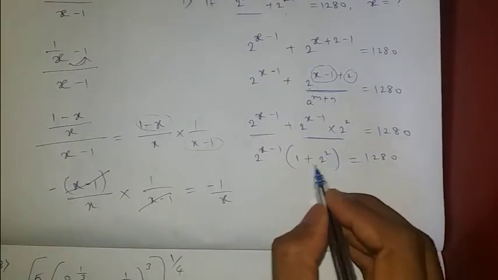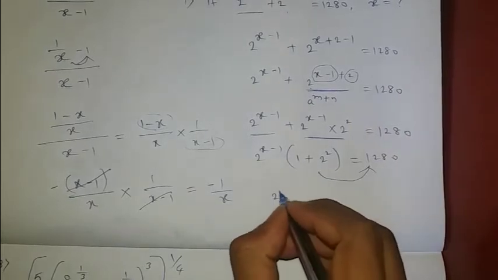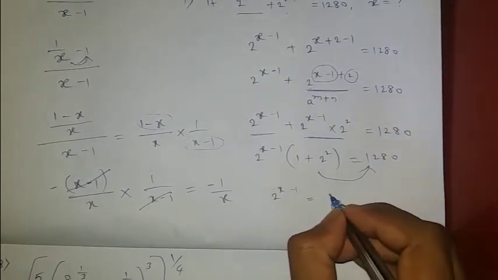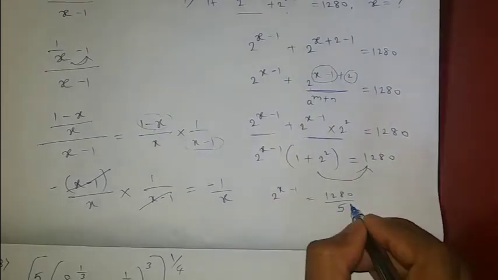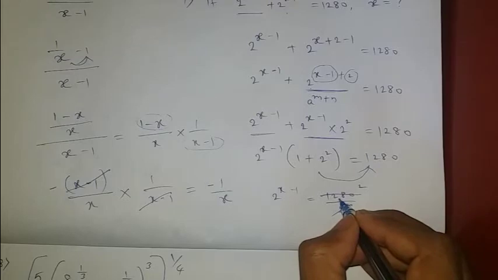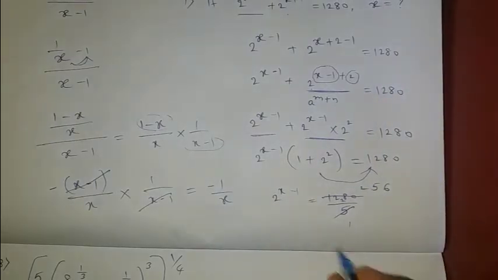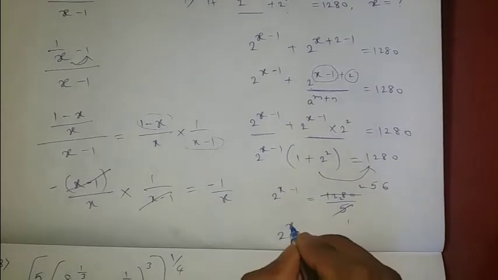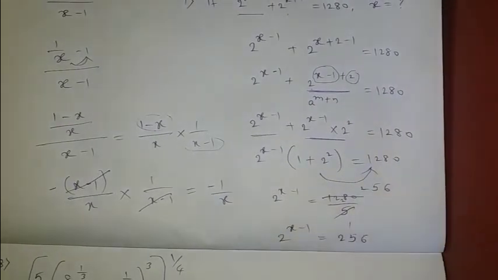2 square is 4, 4 plus 1 is 5. Now this 5 I will take to the right side, so we get 2 power (x minus 1) is equal to 1280 divided by 5. If you do the cancellation, 5 ones are 5, 5 twos are 10, 5 fives are 25, 5 sixes are 30. So 2 power (x minus 1) is equal to 256.